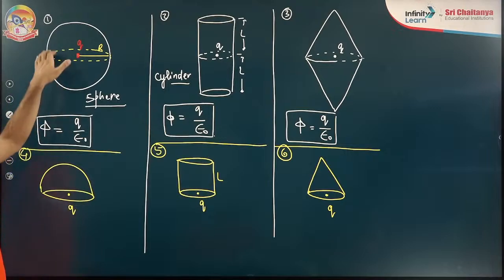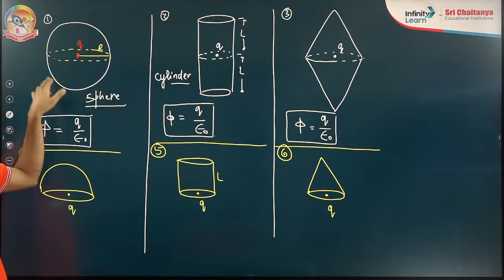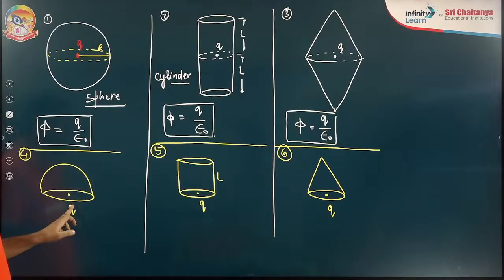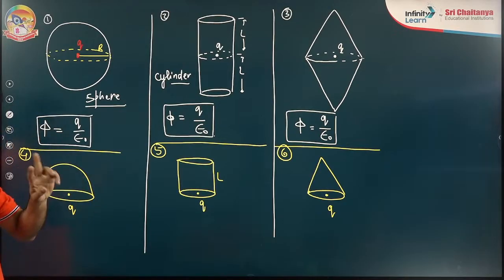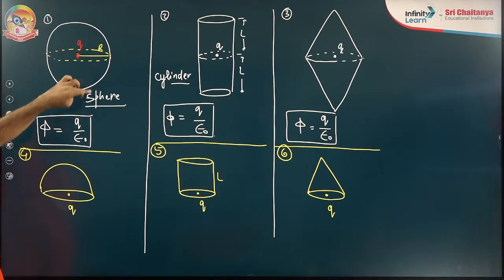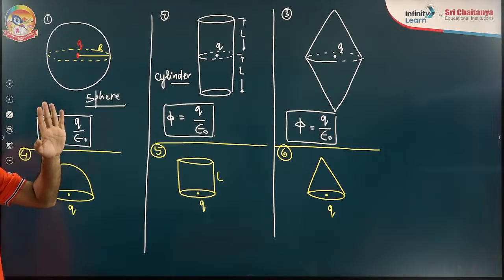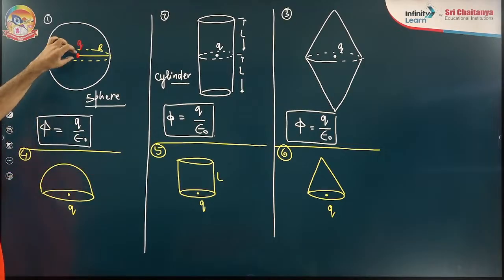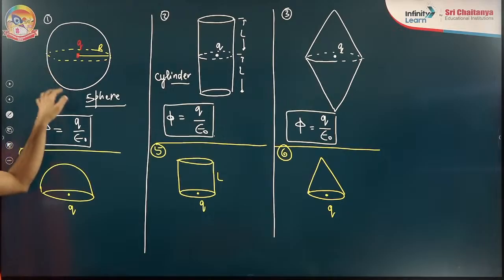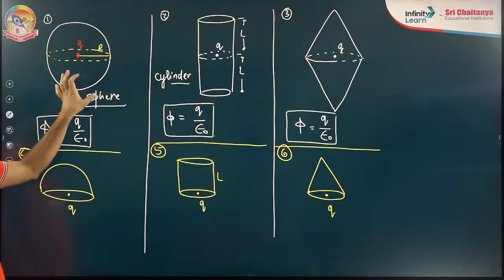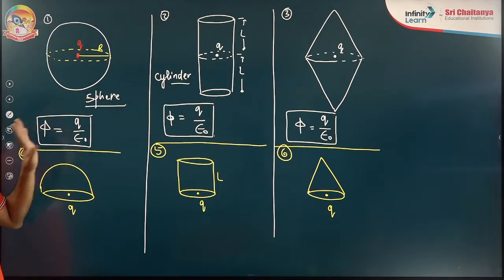We can enclose it by putting another hemisphere. If I want to enclose it, I can put another hemisphere. It would be closed. Now there are two hemispheres. Then the total flux was q by epsilon. If the charge is q and there are two hemispheres, above and below, then the total flux is q by epsilon.